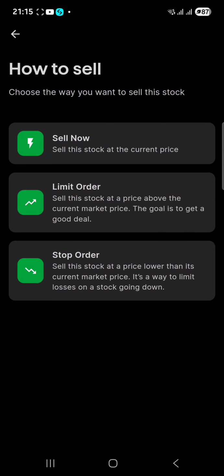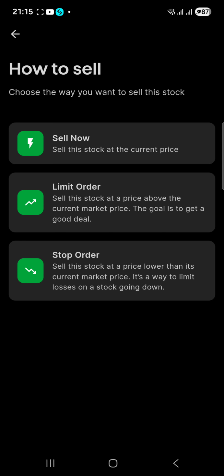You have the limit order, to sell this stock at a price above the current market price. Maybe you want to sell when it's 90 naira per share, or maybe when it's 100 naira per share. You put in the limit order.